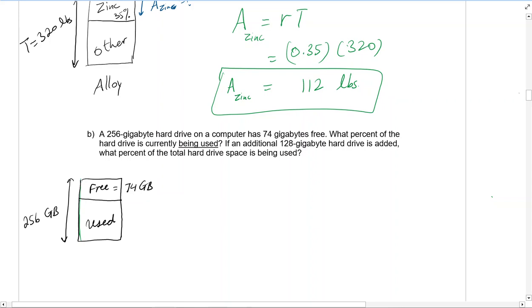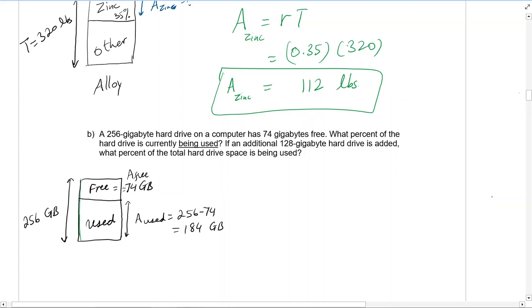So if 74 is free, it means the amount used is 256, whatever is the leftover, right? So minus 74, so that's 184. So I just drew the question so that it's easier to see the info.